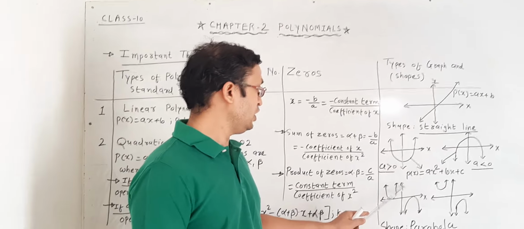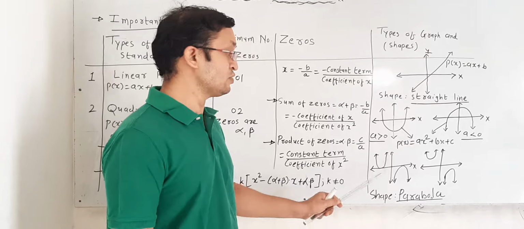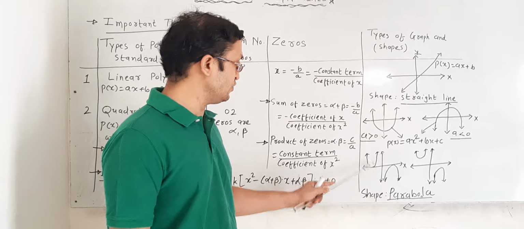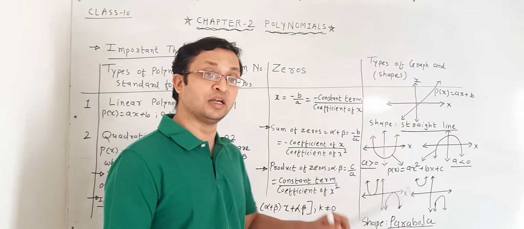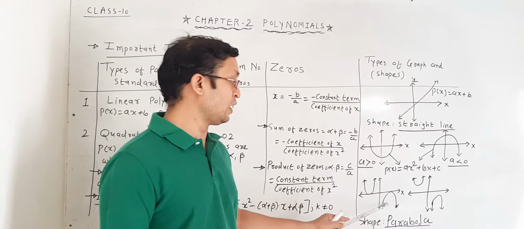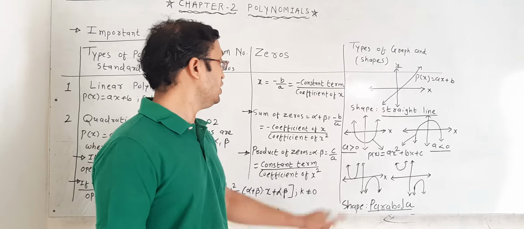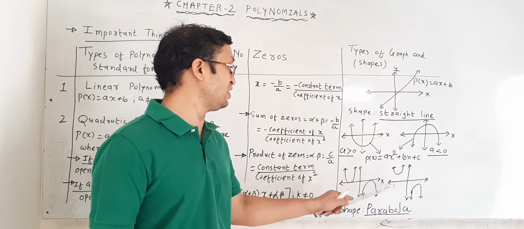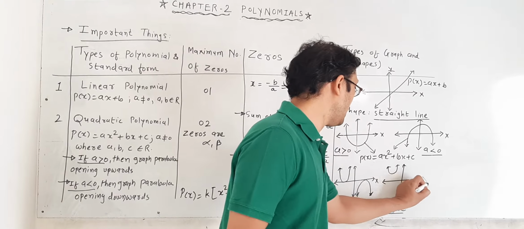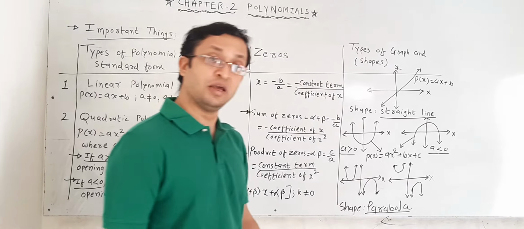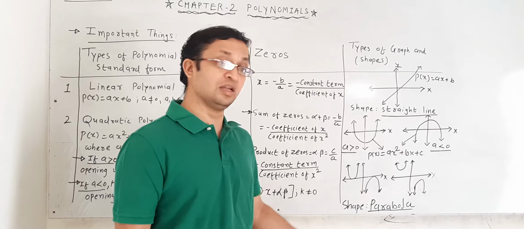And another, if the graph intersects the x-axis at only one point, that is one zero. If a is greater than 0, and the graph intersects the x-axis at only one point, that is one zero. Here the graph of the parabola opens downwards, meaning a is less than 0. Here the graph never intersects the x-axis. The graph of the quadratic polynomial never intersects the x-axis, for both a greater than 0 and a less than 0.